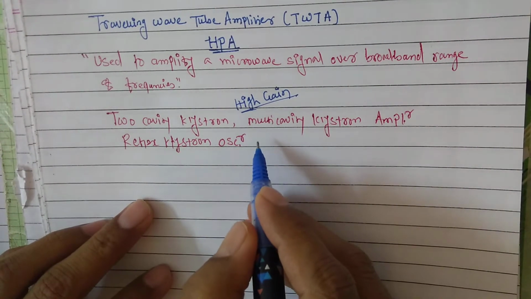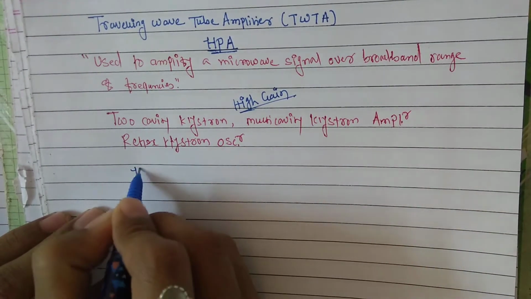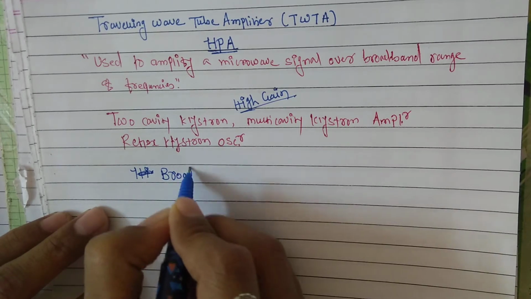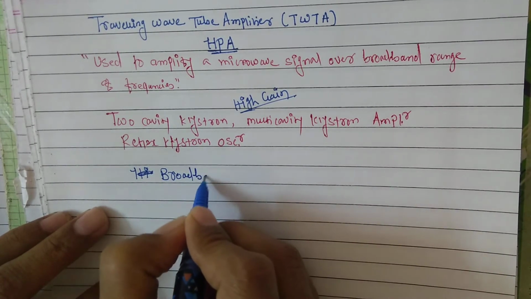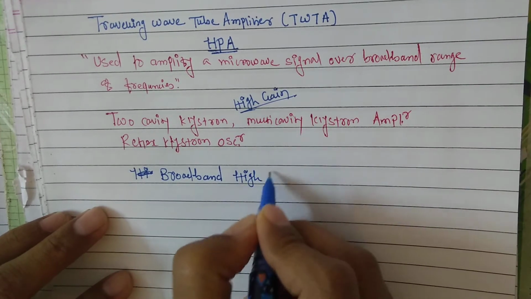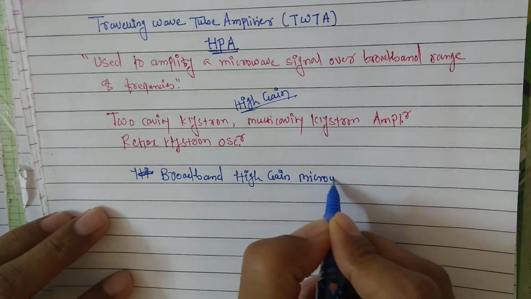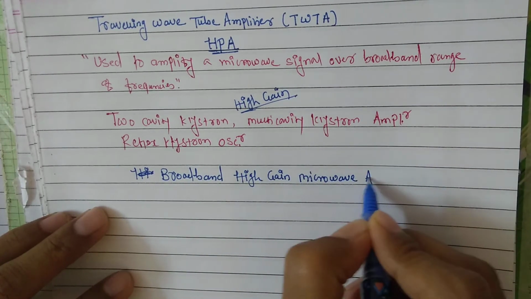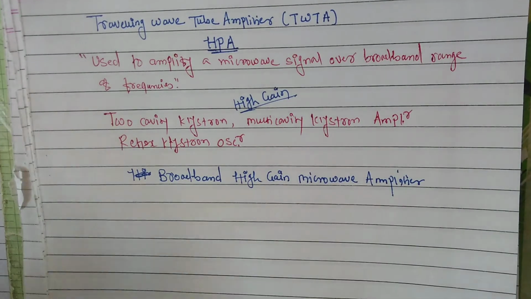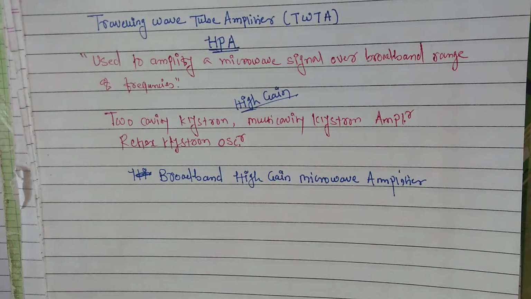Further, if we have the requirement of high bandwidth, or rather a broadband response, and we want to design a broadband high gain microwave amplifier, what is the problem with the two cavity case?